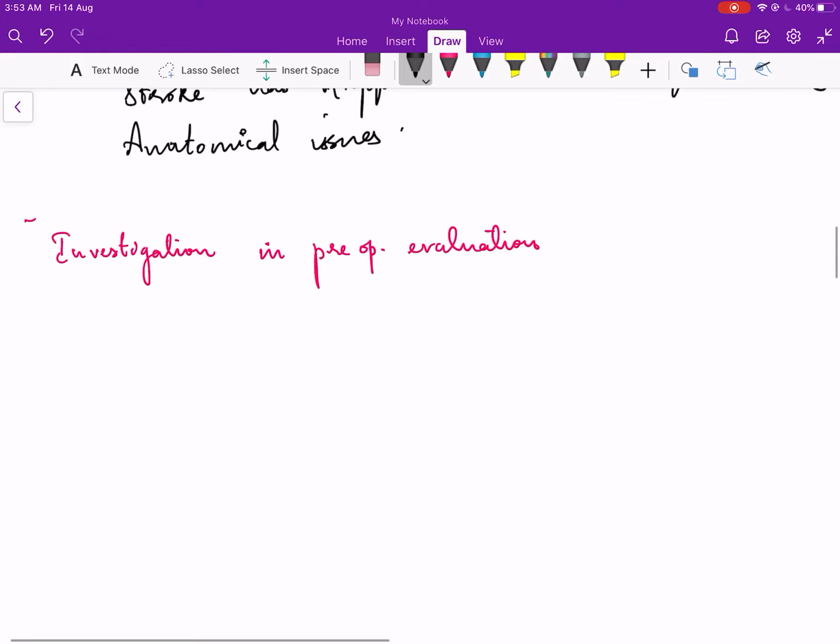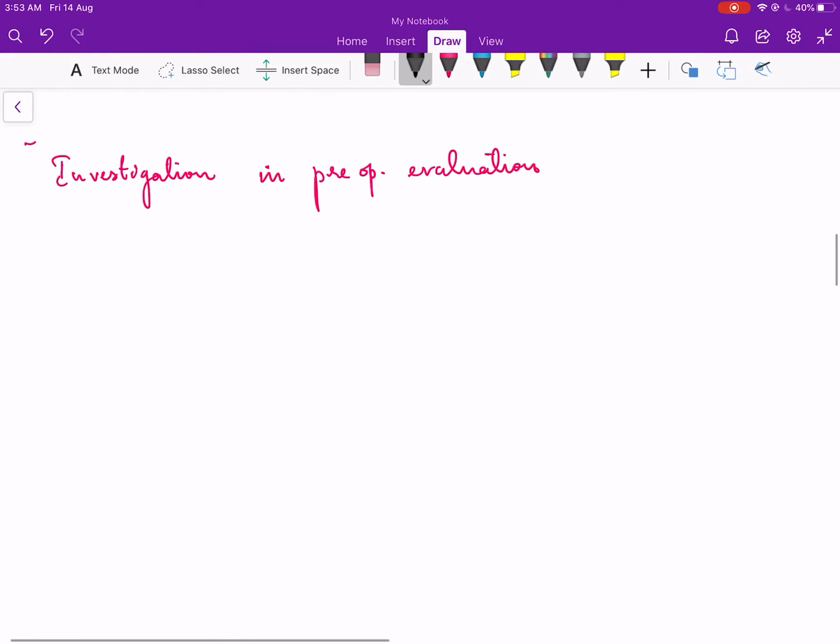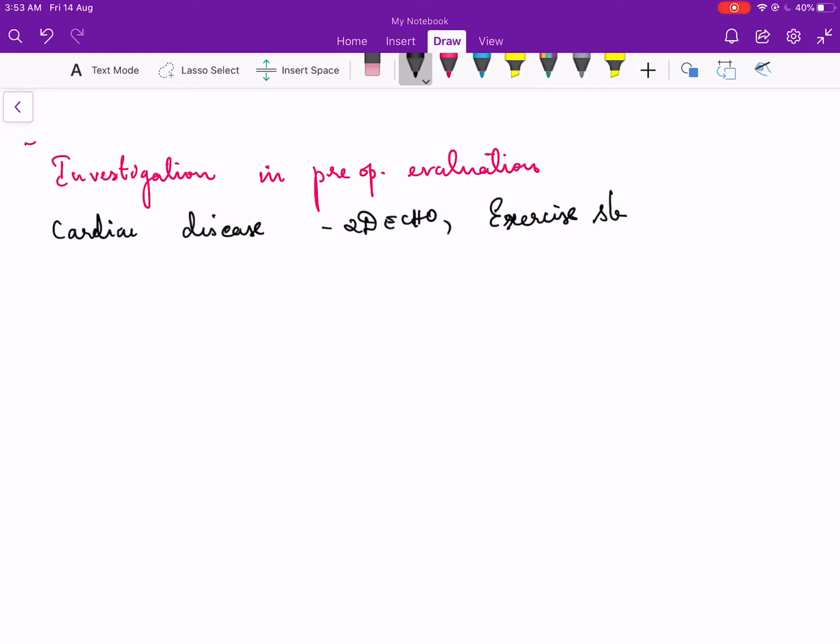In the pre-op evaluation, our first work is to rule out cardiac disease, so we do a 2D echo, or an exercise stress test, which helps.